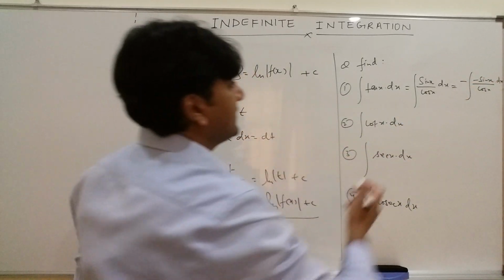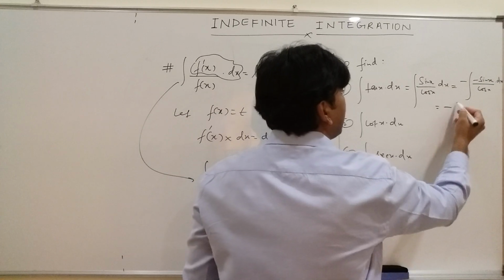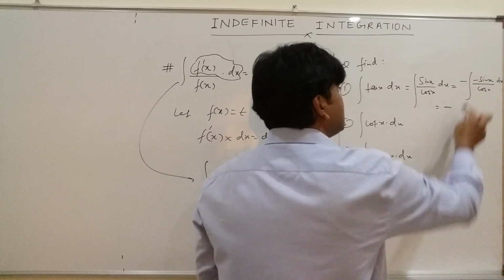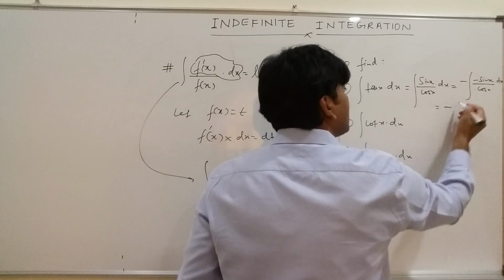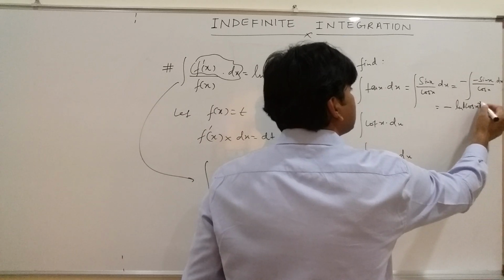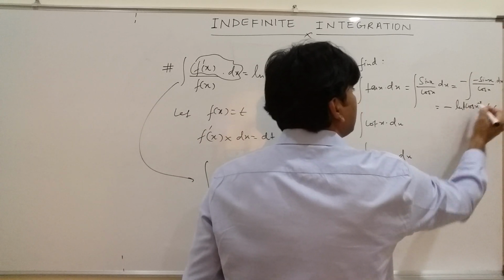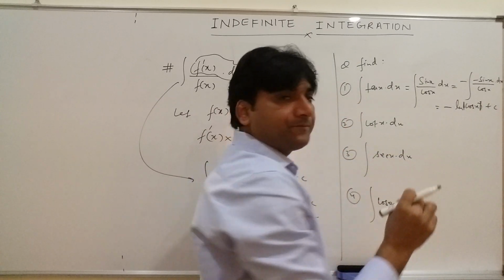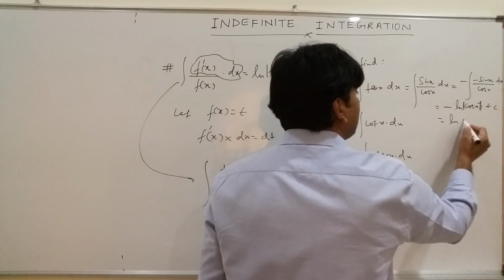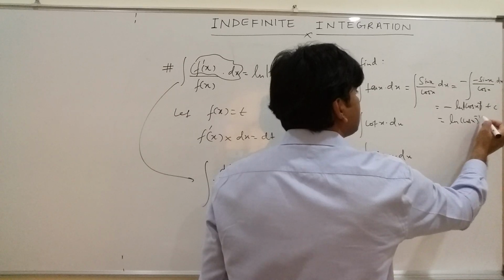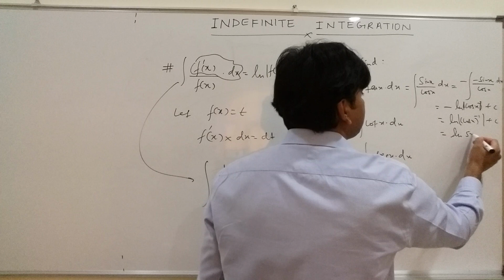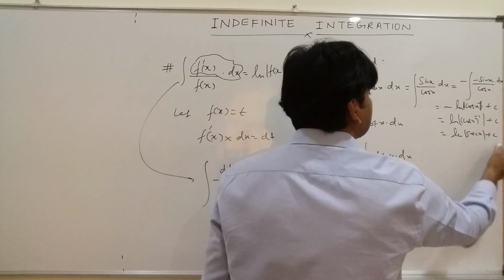The answer is ln f x, so the answer would be minus ln cos x plus c, in mod. Because of log property, this minus will come in the power, so this is ln cos x raised to minus 1, mod, plus c, which is ln sec x plus c.